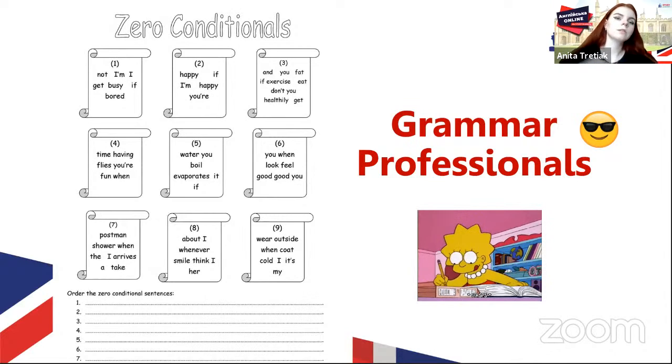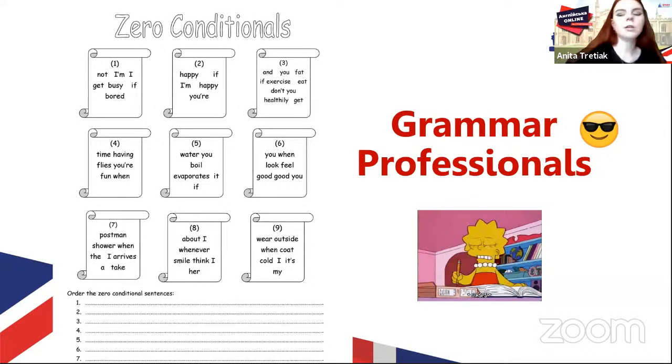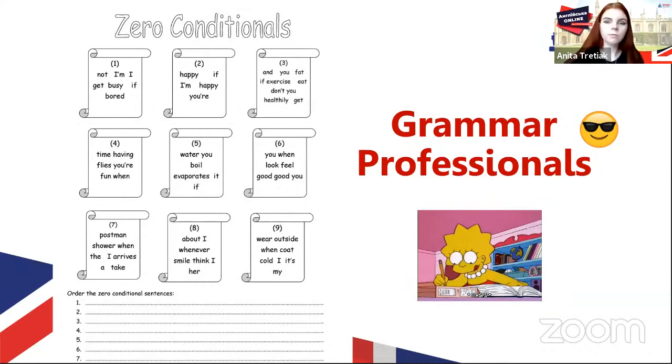Remember that these are zero conditional sentences, so don't forget about commas here. If you have the condition first, you need a comma, but if you want to make the result first, then you don't need a comma. So I'm going to explain number 1, and then we can do number 2, 3, 4, and so on together. You can write this in the comments in our chat.